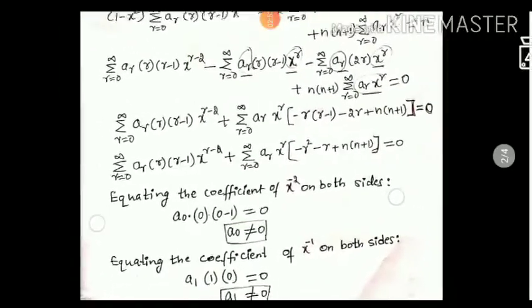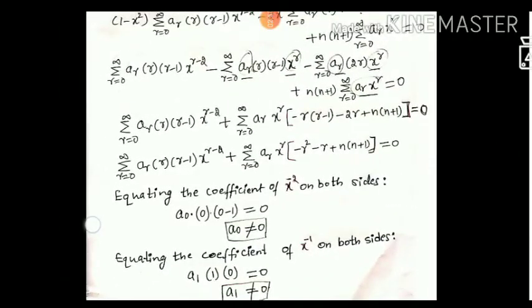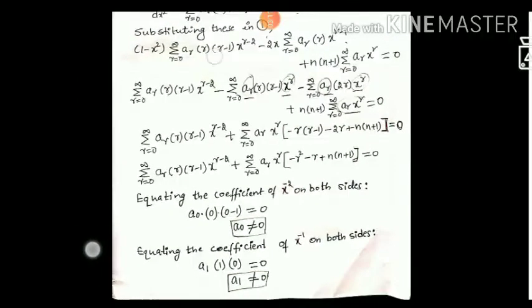Here sigma r from 0 to infinity, let me expand this 1 minus x square into summation. So we get sigma r from 0 to infinity ar into r minus 1 into x power r minus 2, minus this x square into summation. So x square into this x power r minus 2 will be x power r. That is what is written next, minus sigma r from 0 to infinity ar into r minus 1 x power r.